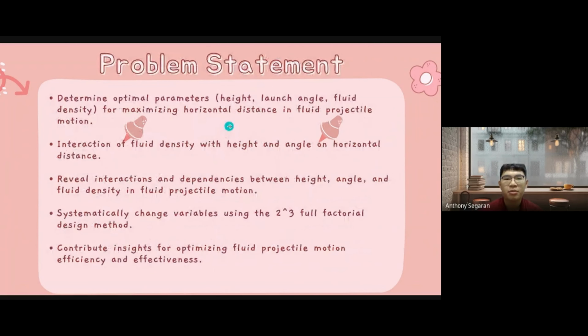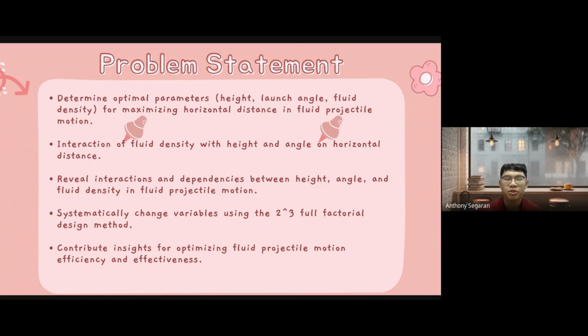The problem statement of this project is to determine the optimum parameters in terms of height, angle, and fluid density for maximizing the horizontal distance in fluid projectile motion. Next is to investigate the interaction of fluid density with height and angle on the horizontal distance, and to review the interaction and dependency between the factors.